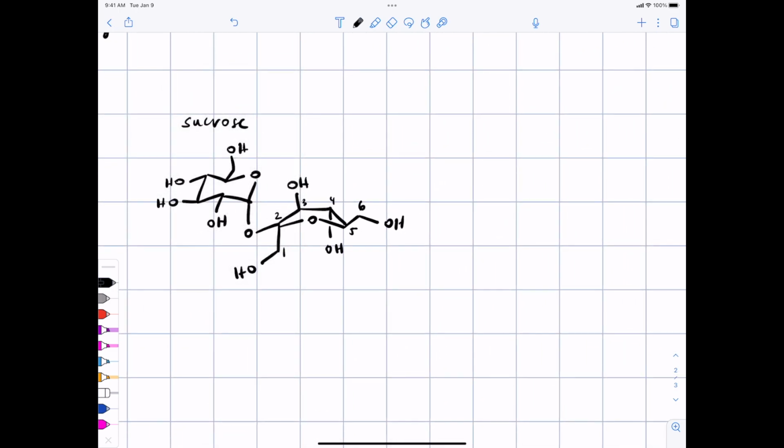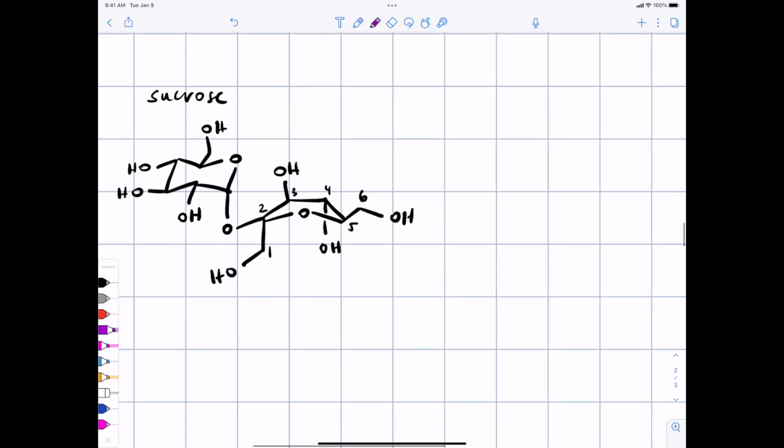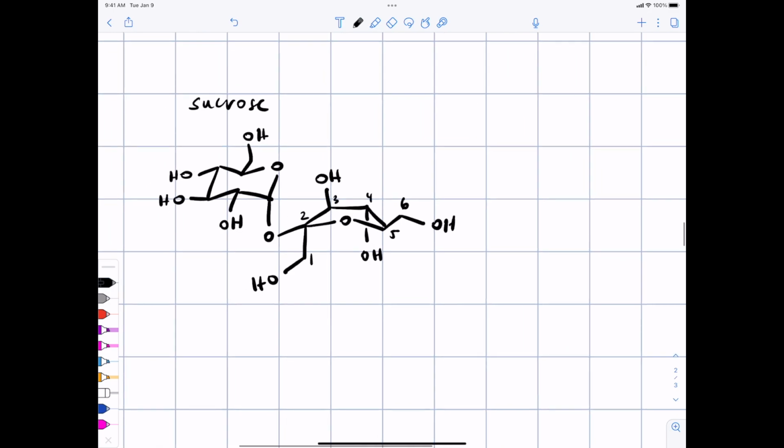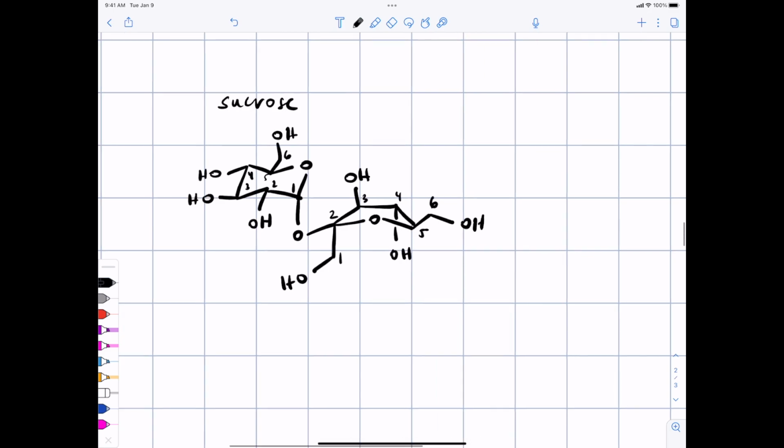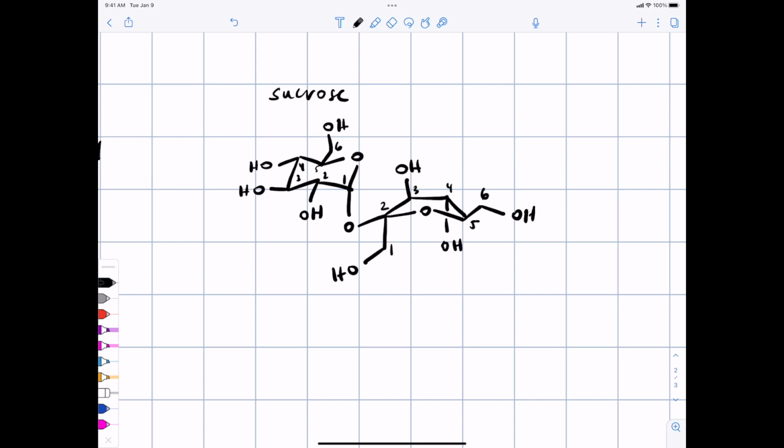So, what's the carbohydrate over here on the left? That's glucose, and the acetal carbon is here, and the orientation is alpha, right?